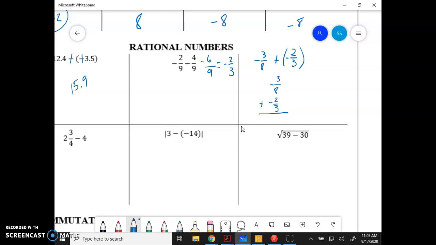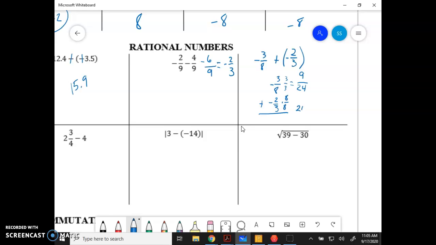So you try to find the least common multiple of 8 and 3, which is 24. What do I have to multiply 8 by? I have to multiply by 3. So I get 24 on the bottom, and I get 9 on top. And it looks like here I need to multiply both of these by 8.